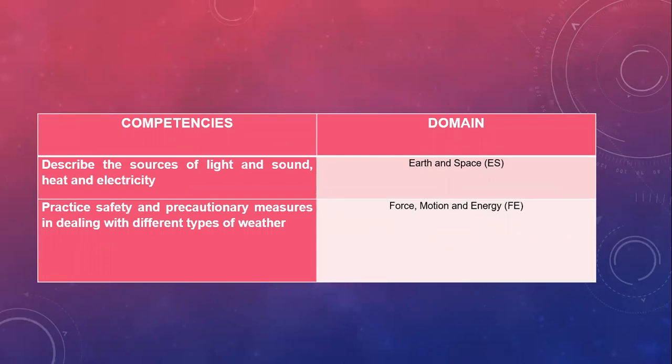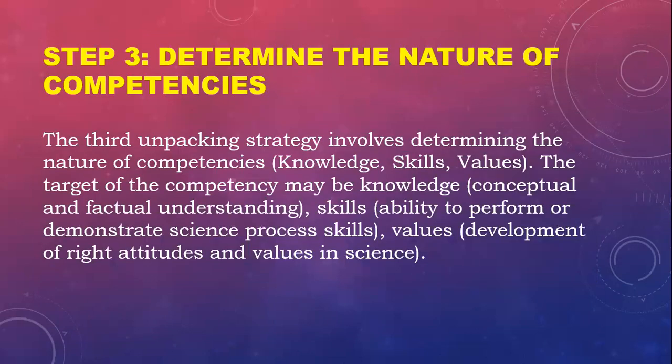So here's an example of a competency and then yung equivalent domain niya. Pero ito nagkabaliktad class. Describe the sources of light and sound and heat and electricity. Ang domain niya dapat ay FE, force, motion, and energy. Itong practice safety and precautionary measures in dealing with different types of weather. Ang domain niya ay earth and space. All right? So once you have the target domain, okay, na-analisa mo na yung standards.